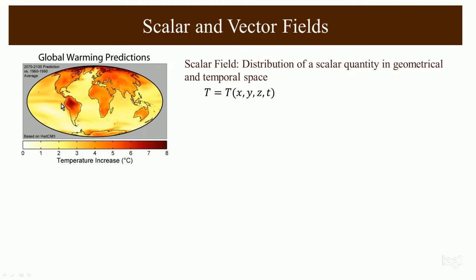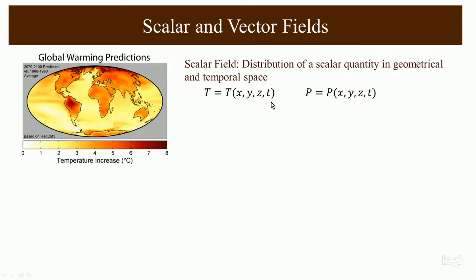For example, this is a global warming prediction from 1960 to 1990, showing that at some places it is 8 degree more than the average temperature here, and some places it is almost the same, okay. So this is a map of scalar quantity variation. Scalar quantity here is temperature, and how does it vary with space x, y, z and t, okay.